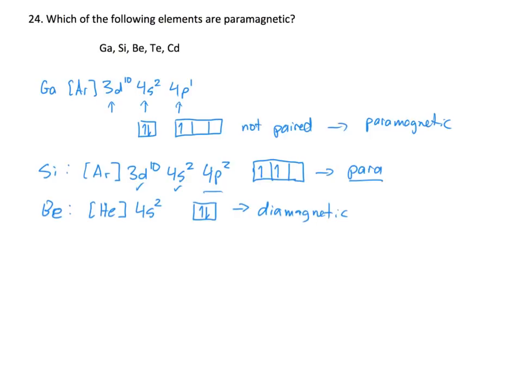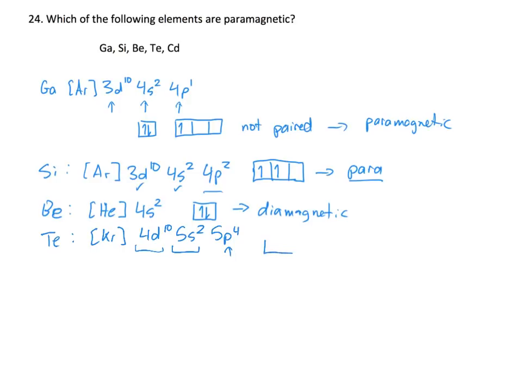All right. Next we have tellurium, Te, which is krypton 4d10, 5s2, 5p4. So again, this one is full, this one is full, and we would look at the remaining partly filled p subshell in order to figure this one out.